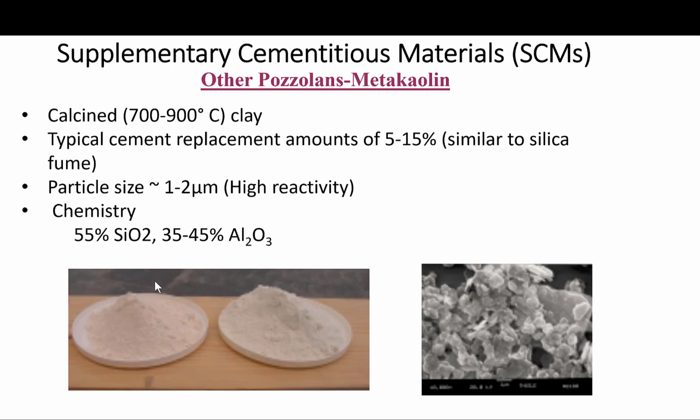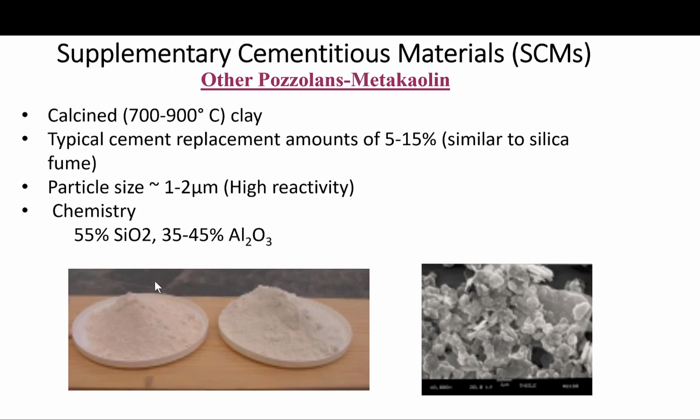Okay, so there are other commonly used pozzolans I will mention here. We have metakaolin, which is basically calcined clay, calcined at 700 to 900 degrees Celsius. A typical cement replacement is about 5 to 15%, similar to silica fume. Particle size is 1 to 2 micrometers.